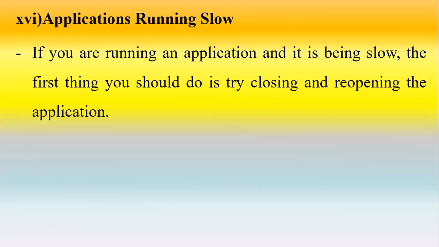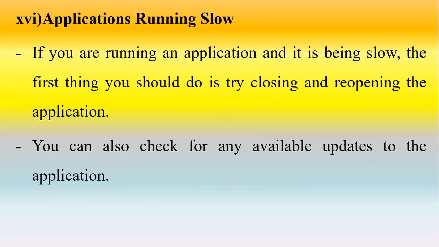Number 16 is applications running slowly. If you are running an application and it is being slow, the first thing you should do is to try closing and reopening the application. You can also check for any available updates to the application.